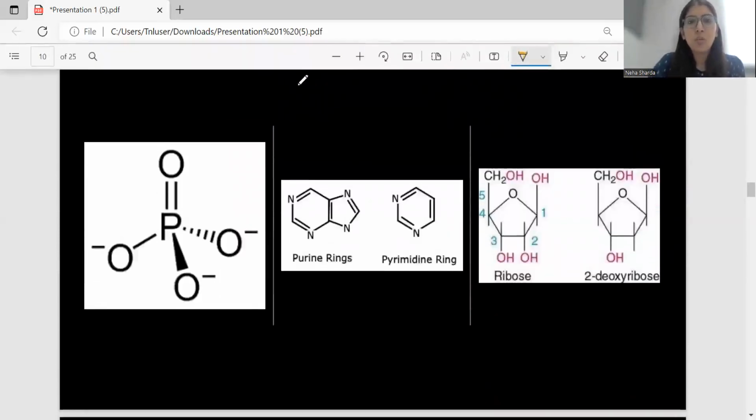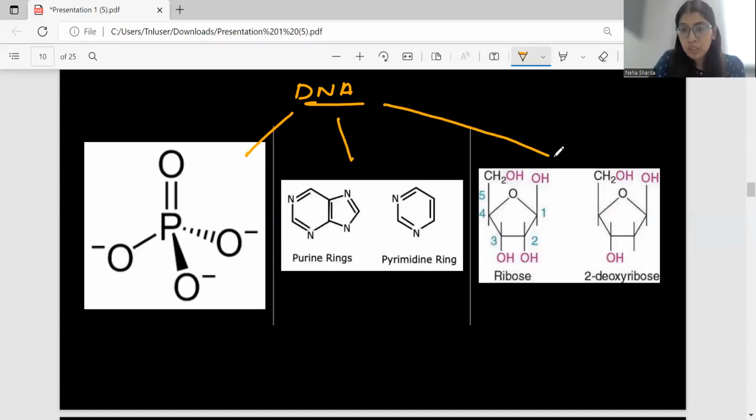So what are the components of DNA? Let's revise. The components of DNA are phosphate, nitrogenous base, and deoxyribose sugar. And if I ask the components of nucleic acid, these are the components: phosphate, nitrogenous base, and pentose sugar.